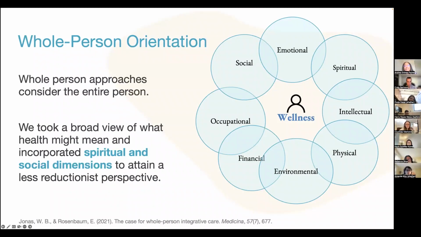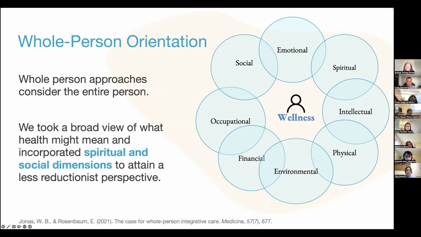With these design implications in mind, we created our resulting system using a whole person approach. And this type of approach goes beyond a focus on bodily health to also support other dimensions of well-being. So our whole person approach led us to consider a broader, more holistic view of what health can mean for church communities.